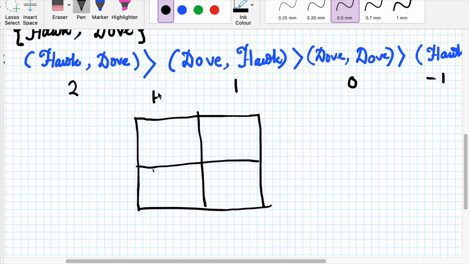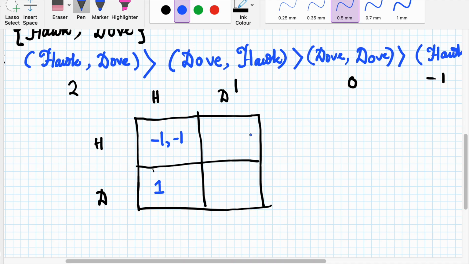For player 1, this is the hawk strategy, this is the dove strategy, and again hawk and dove for the other player. If both players play hawk, both of them get -1. If one individual plays dove and the other hawk, the individual going for the dove strategy will get a payoff of 1.